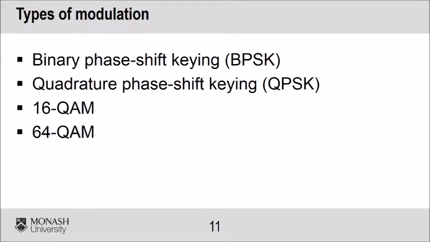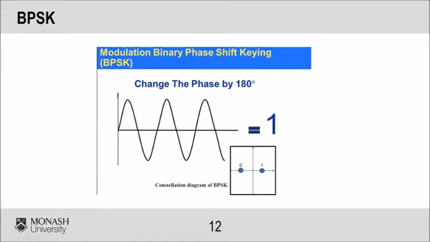These are the basic types of modulation, where the video has shown most of the results at the beginning. In the BPSK modulation, the signal will be mapped into constellation points and each point represents a signal having a difference of 180 degrees.